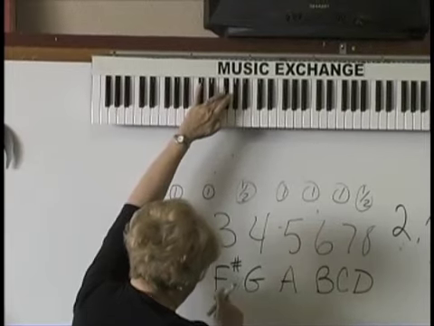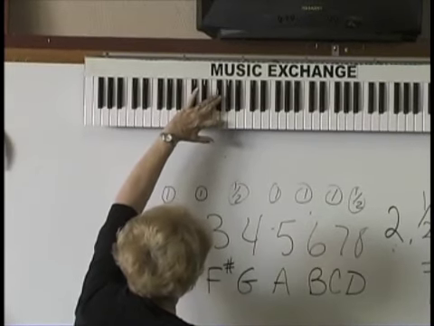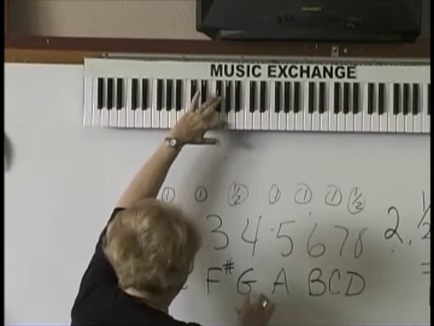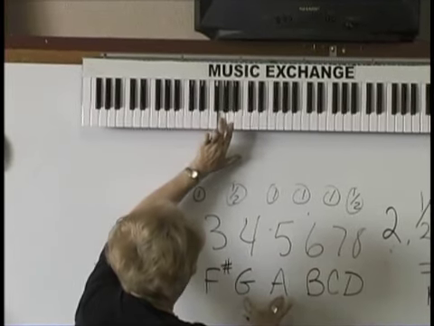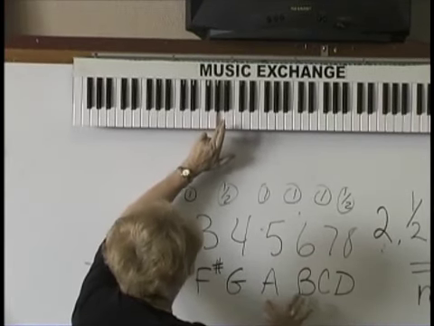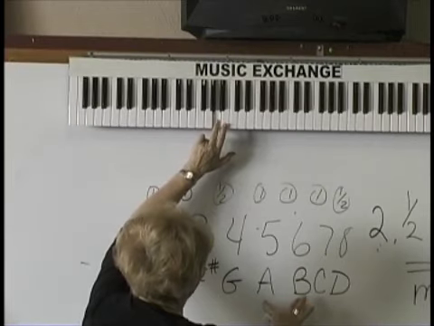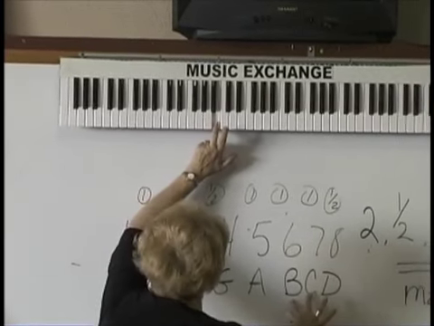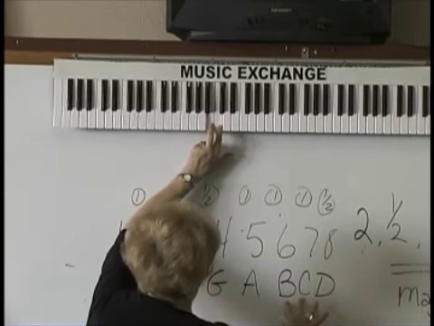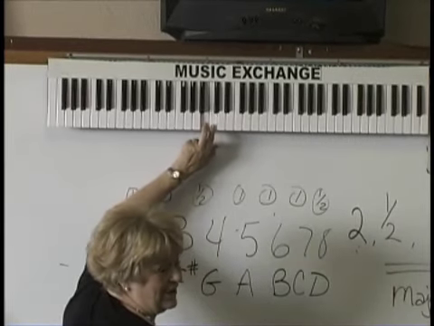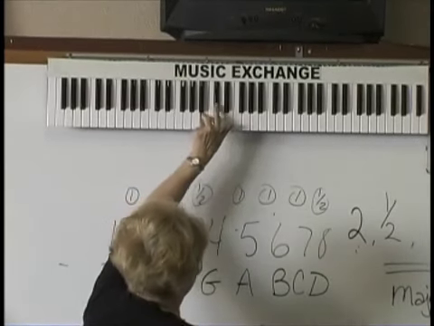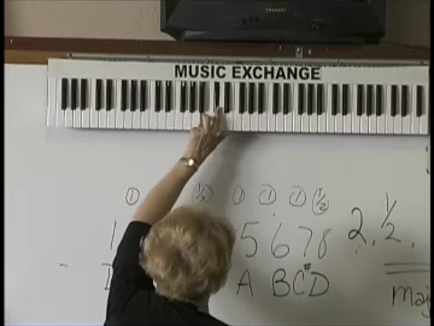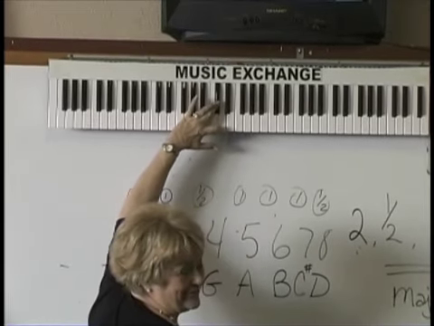Now, is it a half step from F sharp to G? Yes. Is it a whole step from G to A? Yes. Is it a whole step from A to B? Yes. Is it a whole step from B to C? No. What do I have to do to the C note to make it a whole step? Sharpen. And luckily, the last one's a half.